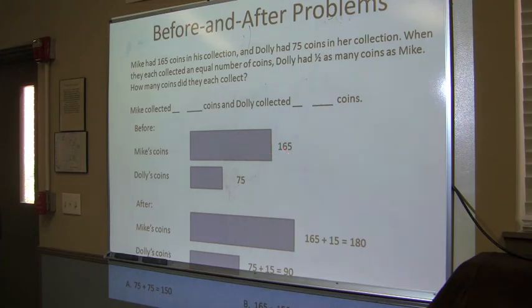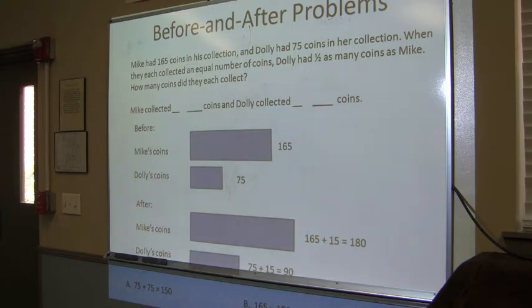And that's going to be 15. Now I add 15 to both of these, and that comes out to be 180 and 90, which is a half.